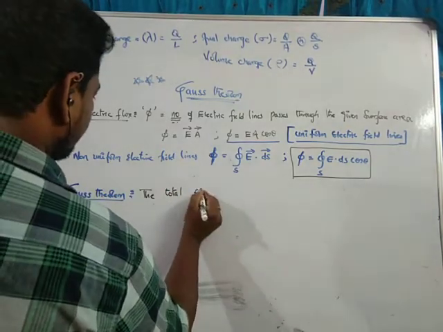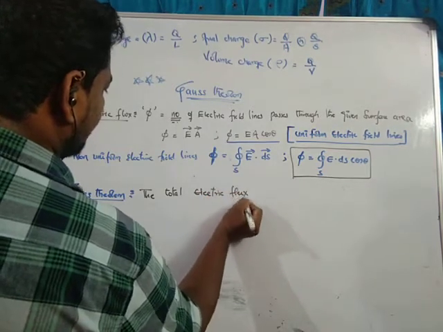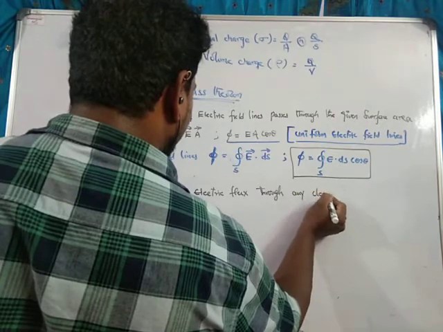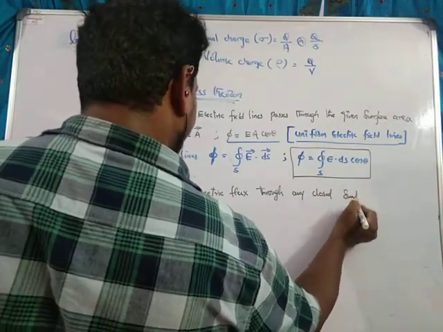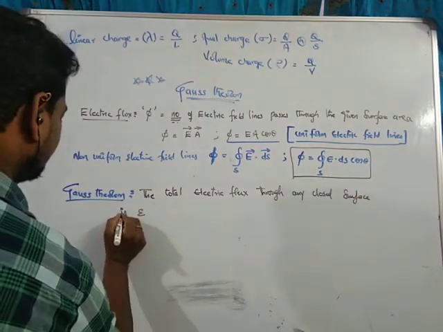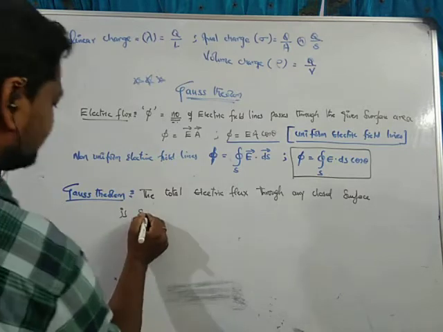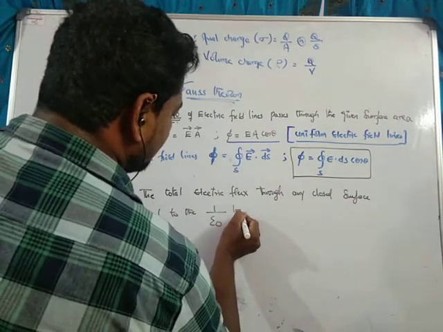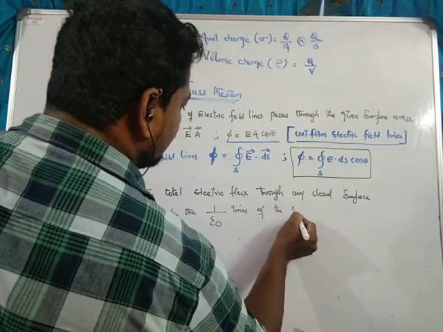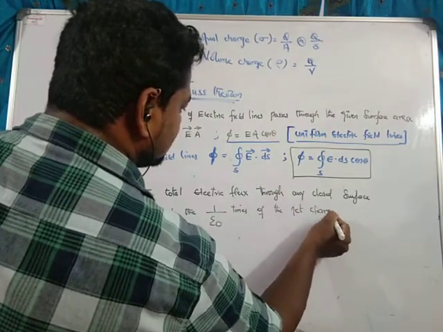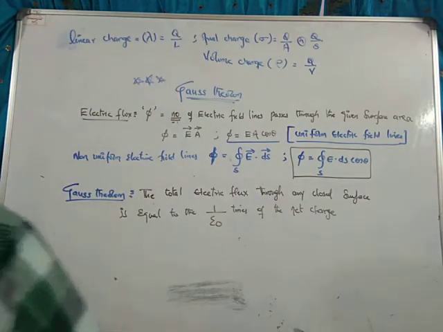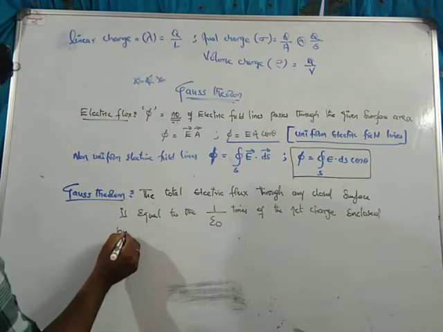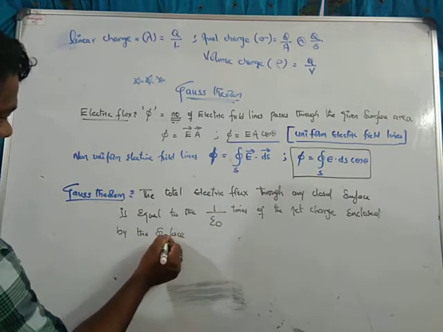The total electric flux through any closed surface is equal to 1 by epsilon naught times the net charge enclosed by the surface.